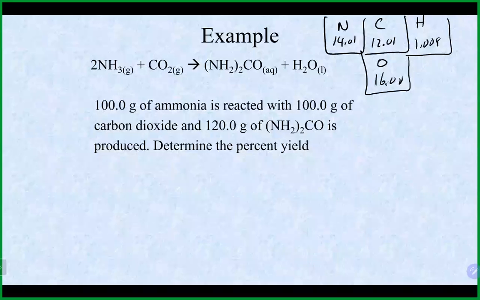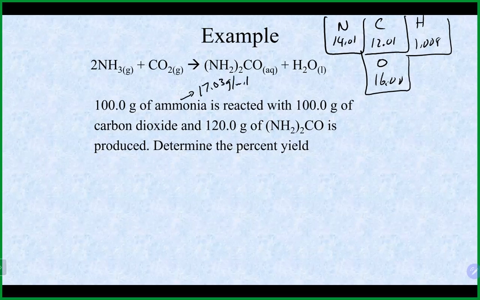By the way, just to help you since we're getting to the end, we did ammonia earlier. Molar mass is 17.03 grams per mole. And CO2 is 44.01 grams per mole. We used those in previous problems.